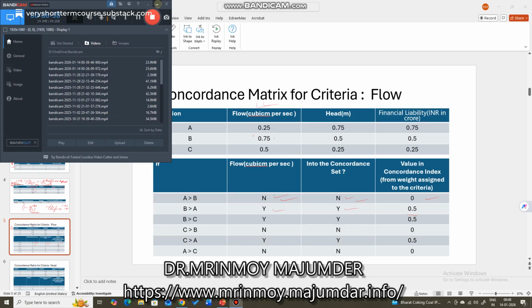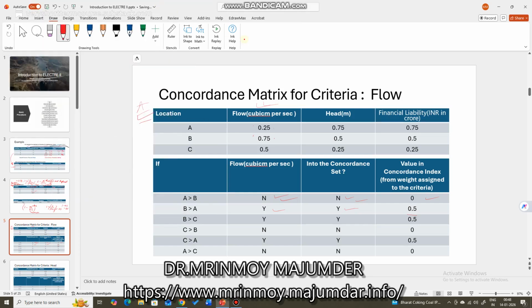Now let us go to the next. Is B greater than C? Certainly B is 0.75, C is 0.5. I am comparing for the criterion flow, and so the answer is yes. So it gets into the concordance set also, and the value of the criterion gets the membership, or starts to constitute the concordance index.